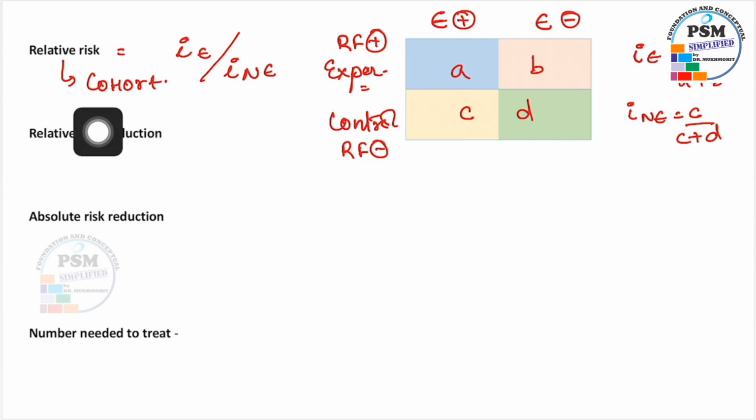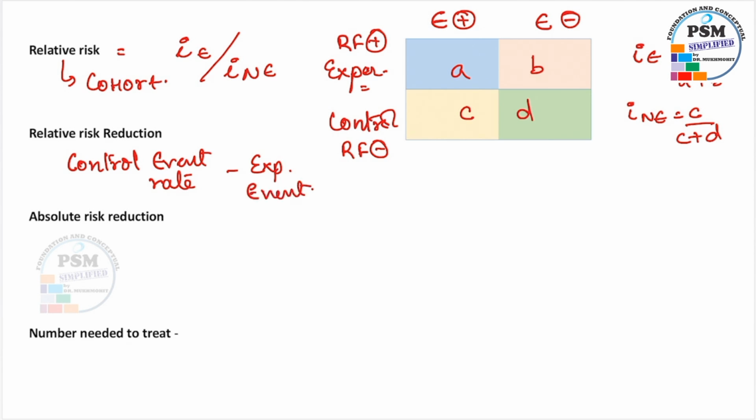Now, what do we mean by relative risk reduction? Relative risk reduction is nothing but the control group event rate minus the experimental event rate, divided by the control event rate.